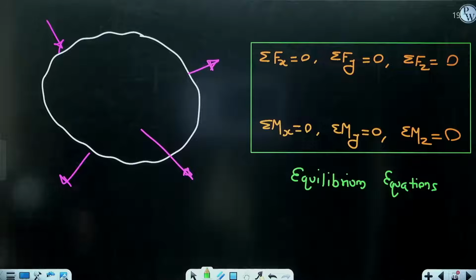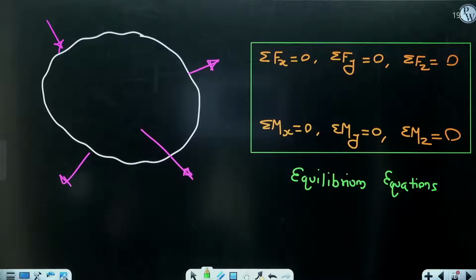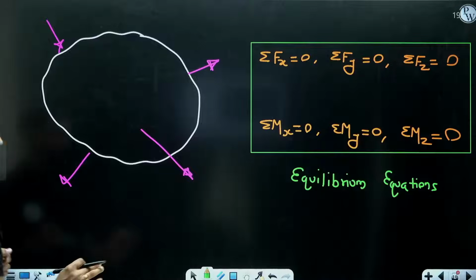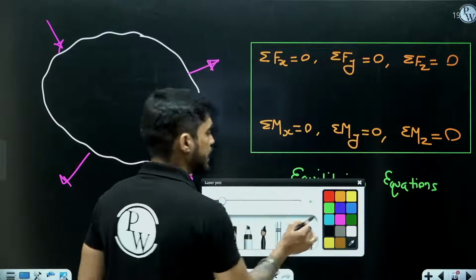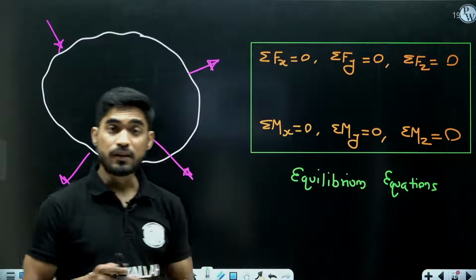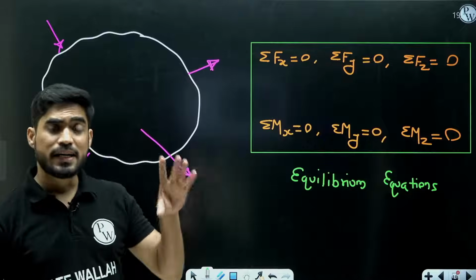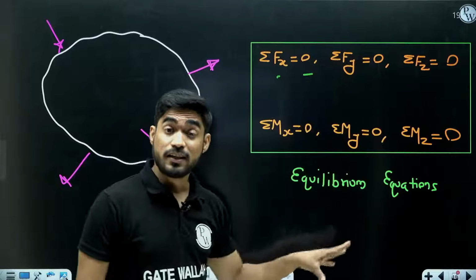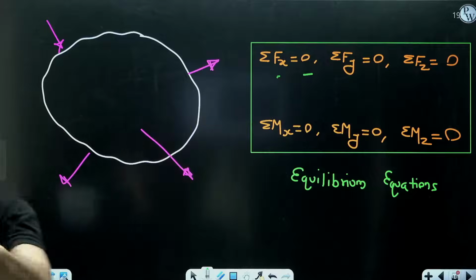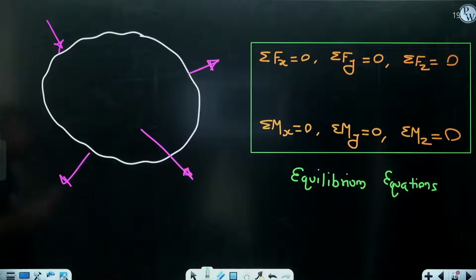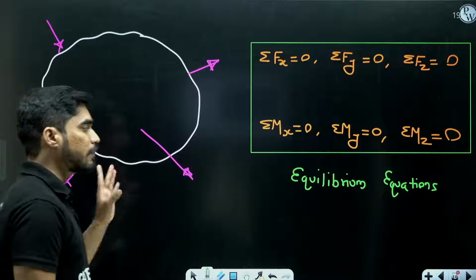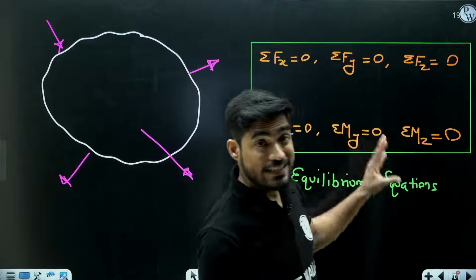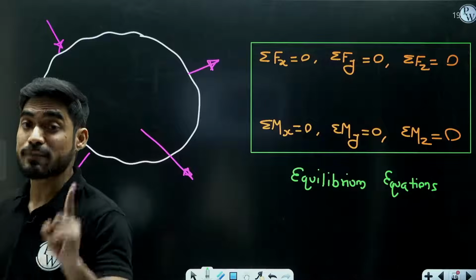Equilibrium equations are the necessary conditions to be fulfilled if the body is in equilibrium. If the body is in equilibrium, it means these 6 equations must be satisfied. If any one of these equations is not satisfied, the body will not be in equilibrium. So these are the necessary conditions which must be satisfied.